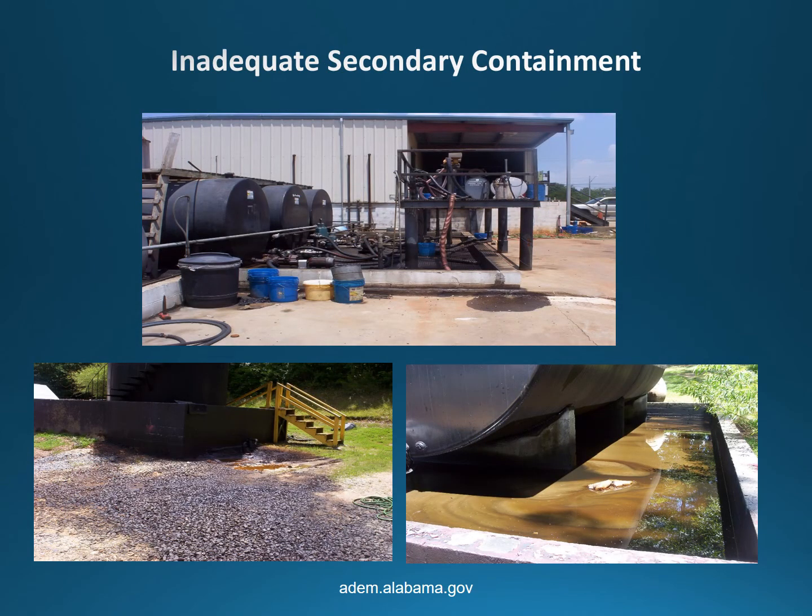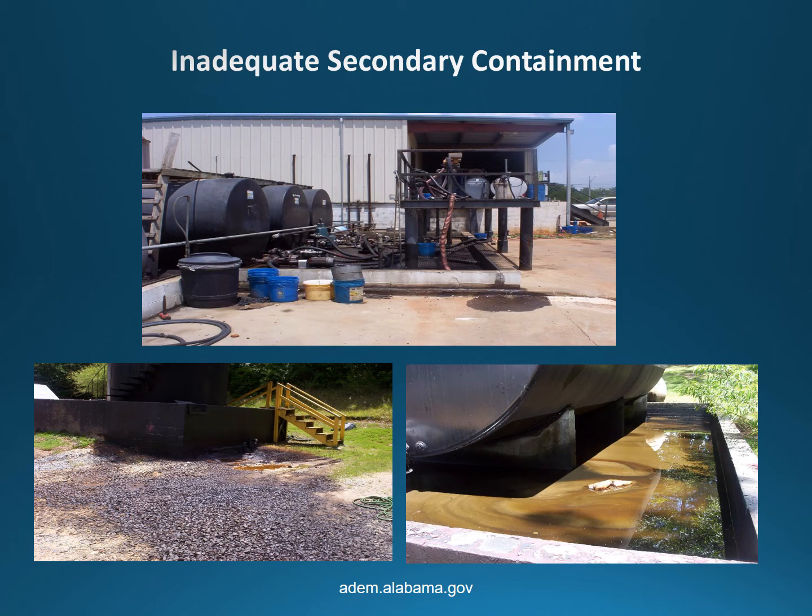Providing adequate secondary containment for tanks, totes, drums, and other containers is also important. Make sure the containment has been sealed and is free of cracks. The valves and drains should be closed when not in use. Also, the containment should not be filled with standing rainwater.